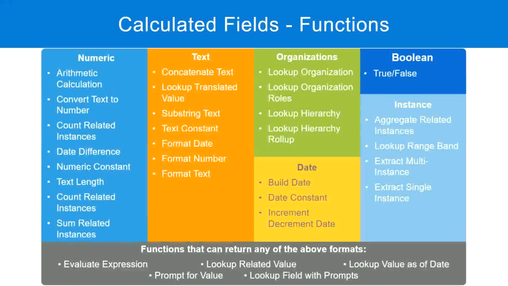It is going to give you a number. You're counting related instances. It is a number, right? On the other hand, if you're concatenating text, if you're adding two strings together, it is a text output. If you are doing a substring, if you're reading a part of the string, like the first 3 characters of the first name, it will be a substring text.